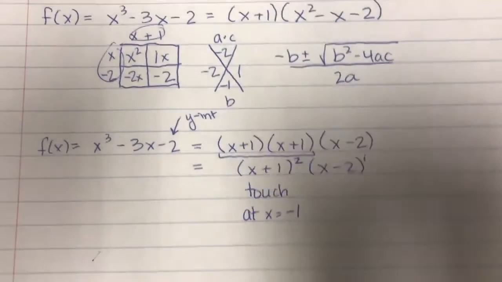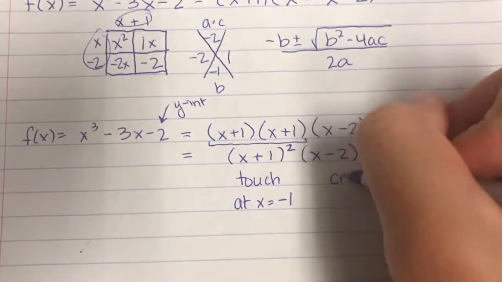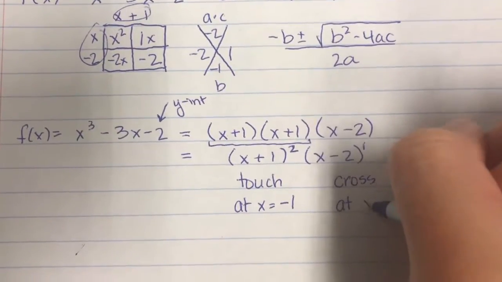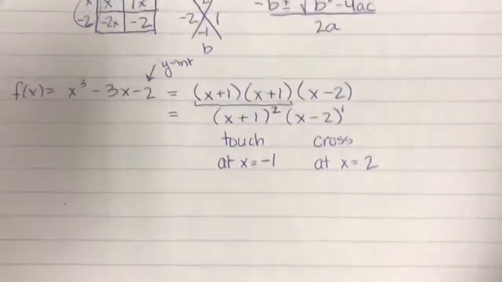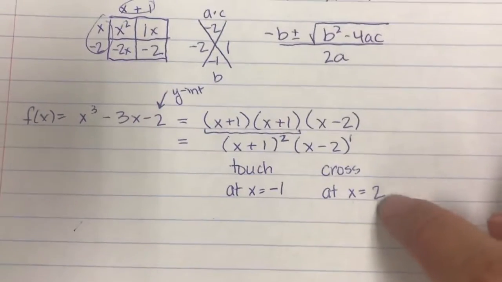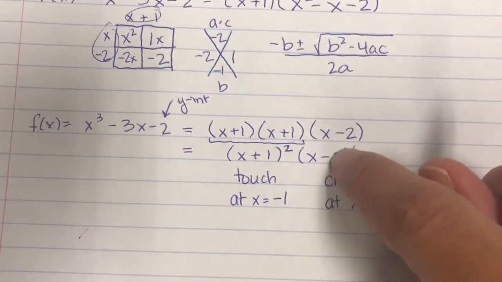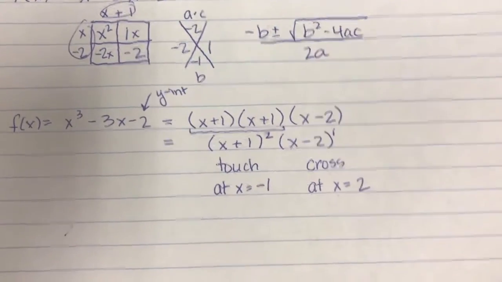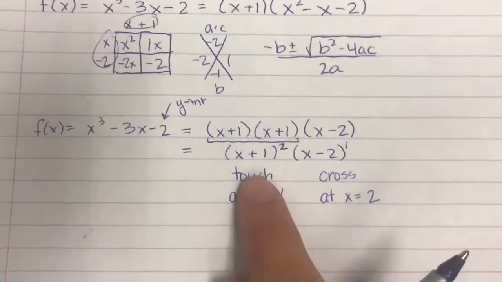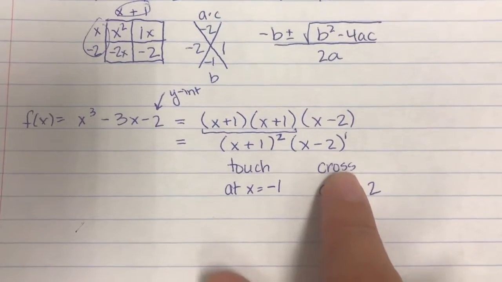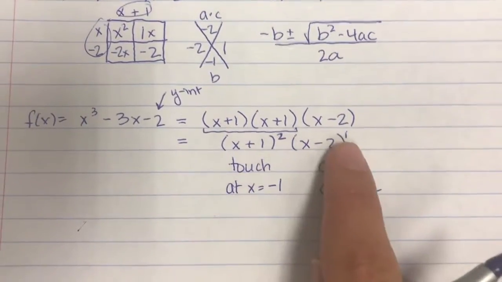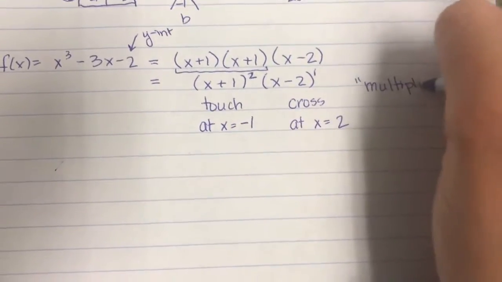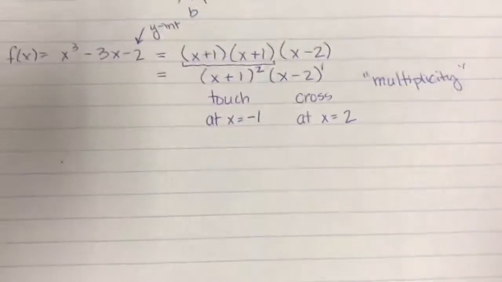Since the 1 is odd, this tells us that we're going to cross the x-axis at x equals +2. Now remember, our roots are opposite from the binomials because of the zero product property. And this touch and cross information we are gathering from the multiplicity. More vocabulary for your test.